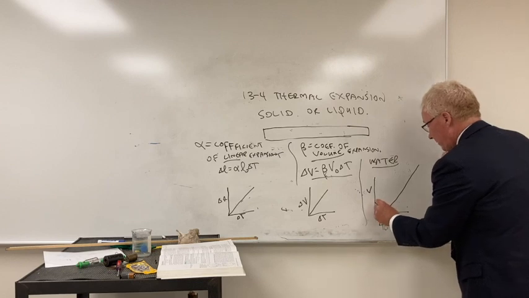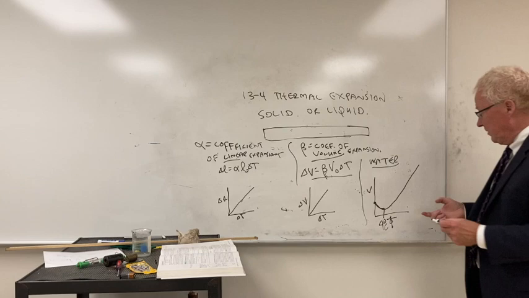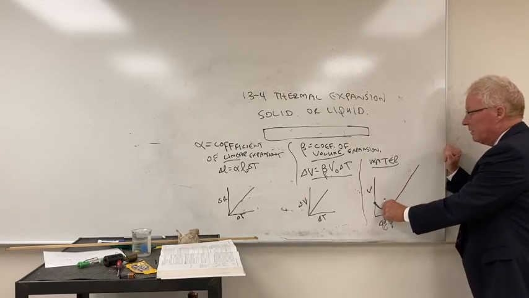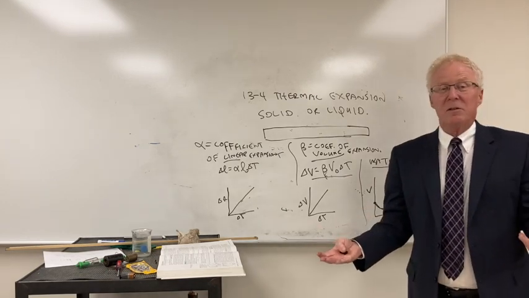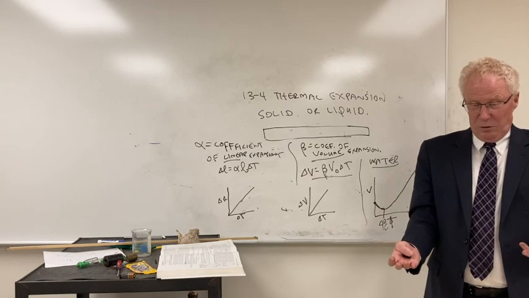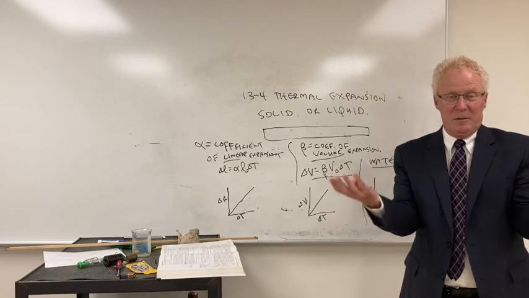Then it actually starts to expand again. And because of that, water is at its densest at 4 degrees Celsius. That's kind of why, when the water at the bottom of the lake gets colder and colder, once it gets below 4 degrees, it starts rising to the top because it's less dense again.